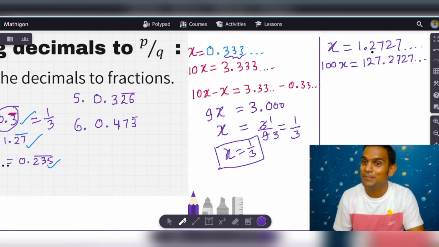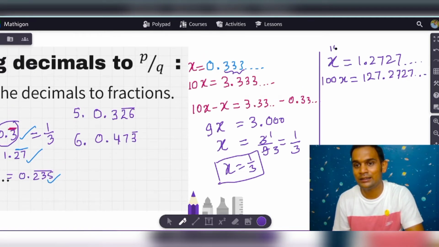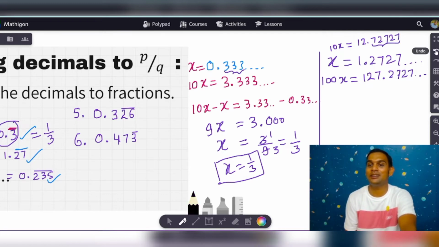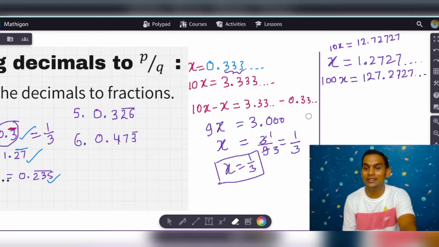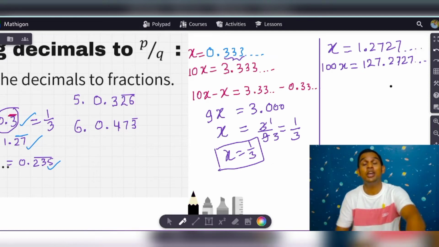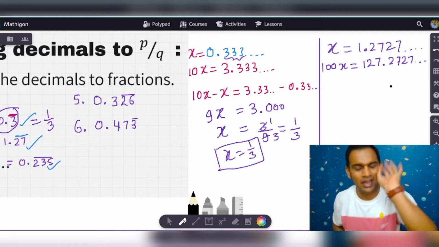Over here, if I multiply by 10, let's take that example also, I will get 12.72727. Now I cannot subtract and cancel out the places after the decimal, yes or no? That is why we look for a multiplication such that after the decimal we have the same digits. I hope that is clear.